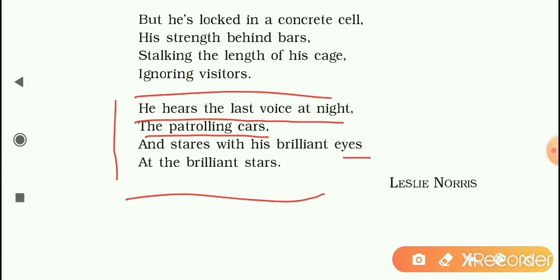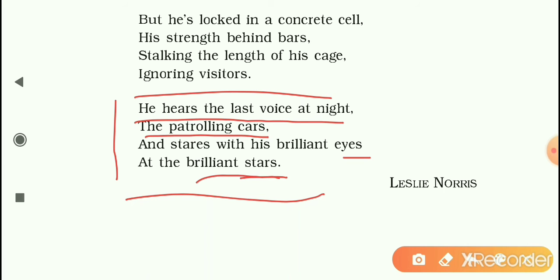So his eyes are being compared to the stars. It is also in a way lights at night. From far behind, it looks like a star, and it is brilliant. It is awe-inspiring. But he cannot live in his natural habitat, so the only thing he seeks solace in is the stars.